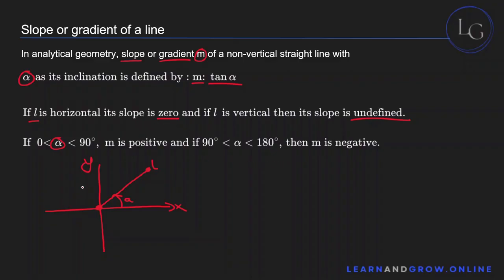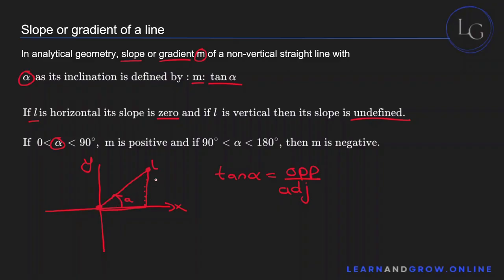Now, you can find m by taking the tangent of alpha. Why the tangent of alpha? Because tan alpha is basically the opposite side of a triangle over the adjacent. If you look at this as a triangle, you have this side, you have this side, and you have the line L as the hypotenuse.